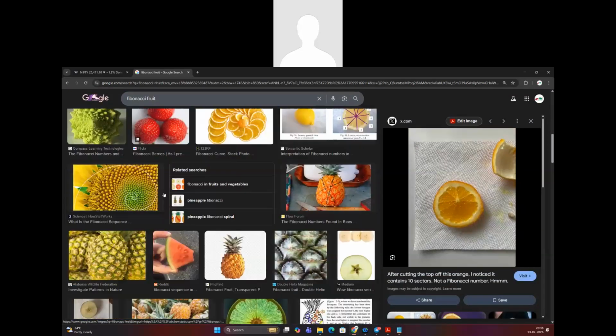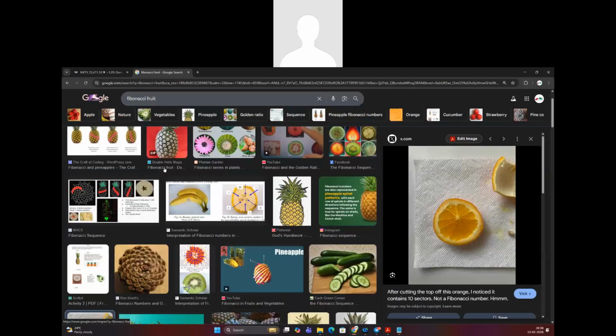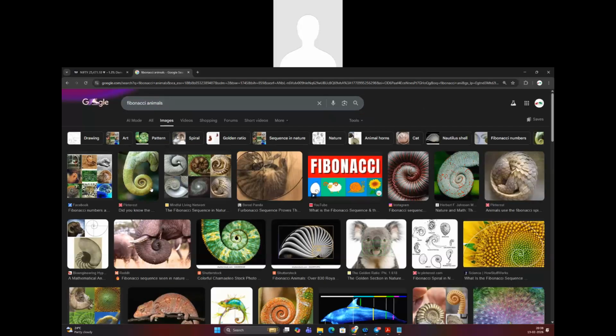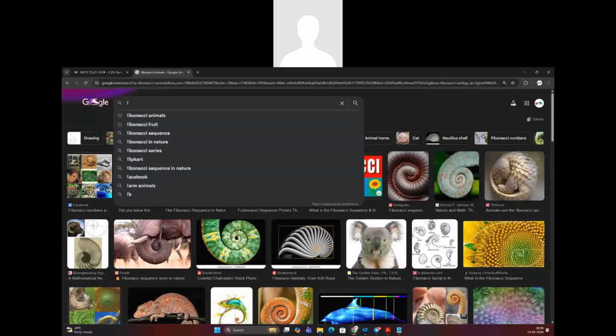Okay, strawberry, Fibonacci, animal. See, see cat, see elephant. So the complete world is dependent on Fibonacci. So even the market also follows Fibonacci.